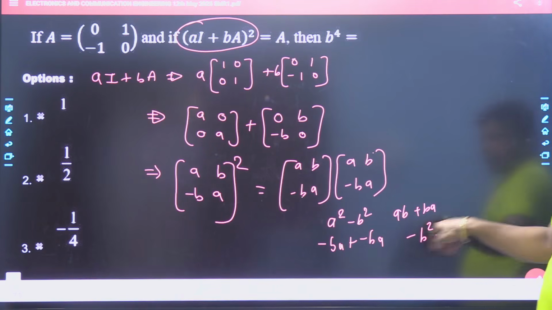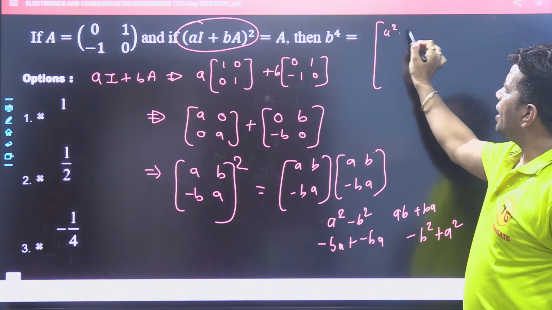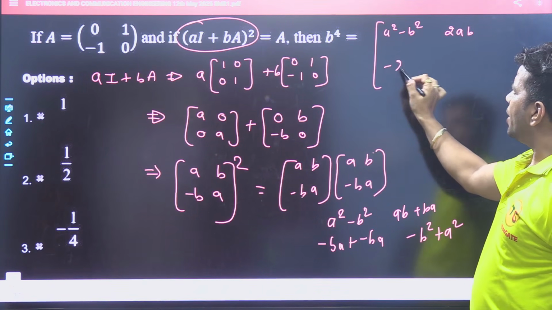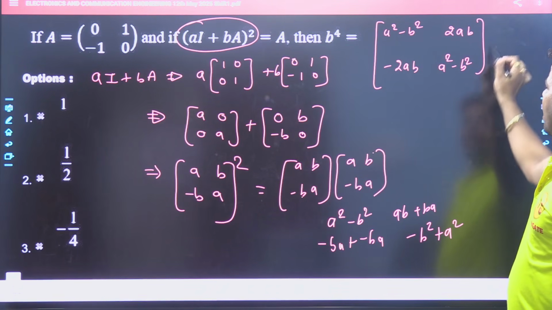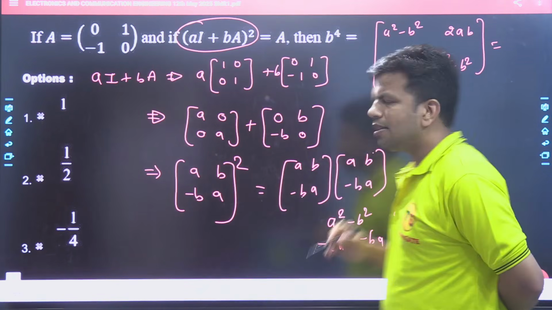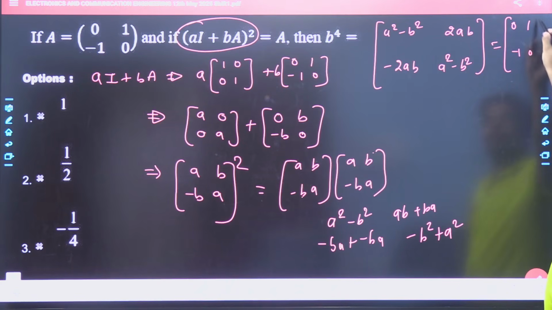So ultimately the result looks like this: A square minus B square, this is 2AB, this is minus 2AB, and this is again A square minus B square. And they are saying that this is equal to A, which is again the same matrix, 0 1 minus 1 0.